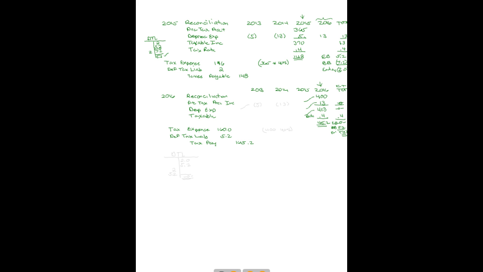If you take 400, our current accounting income, at 40%, you'll see it does tie to the 160. And our taxes payable definitely ties. We got that from our worksheet.